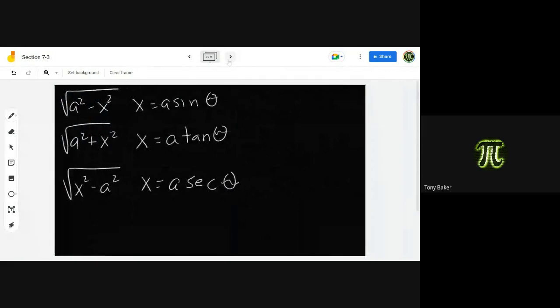Because if you look at it, the goal is to make something that I'm going to use to work. So the first one is going to end up being sine squared. We're going to use sine squared theta equals 1 minus cosine squared theta. Actually, the opposite direction: we have cosine squared theta is 1 minus sine squared theta.